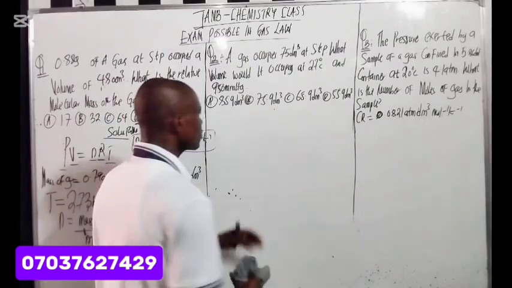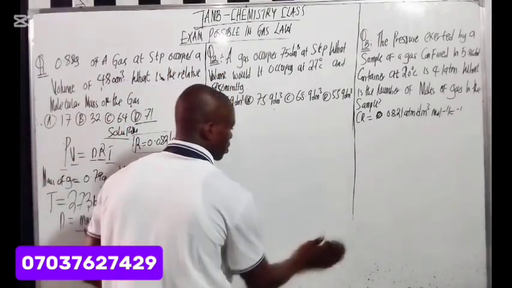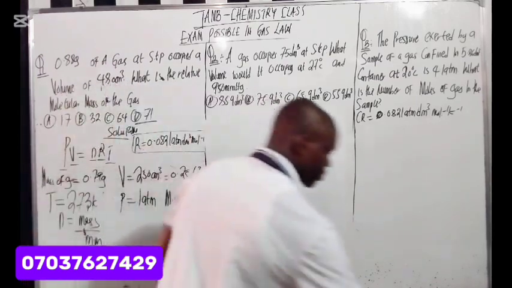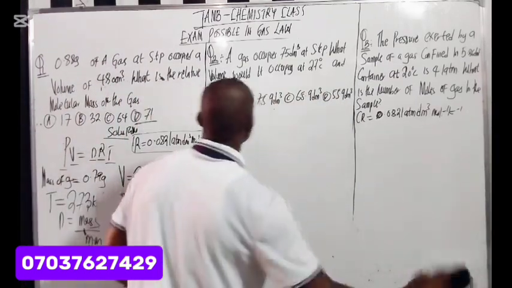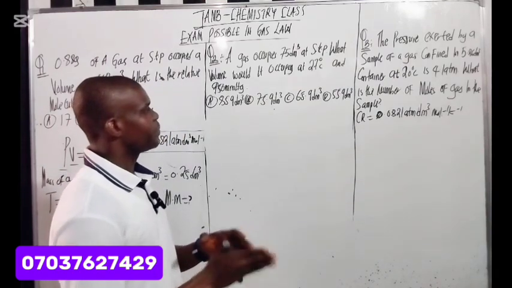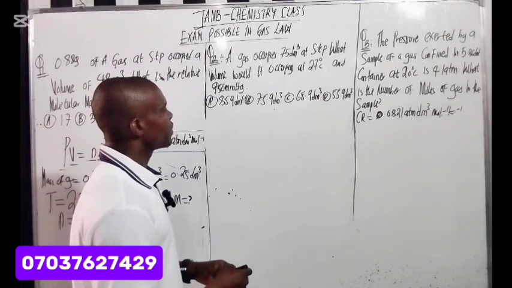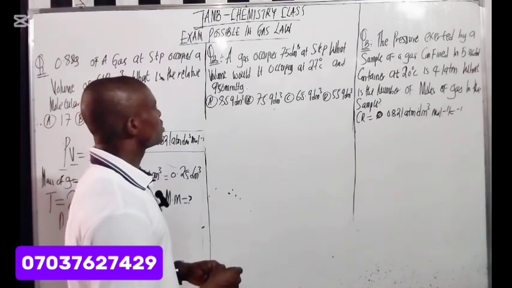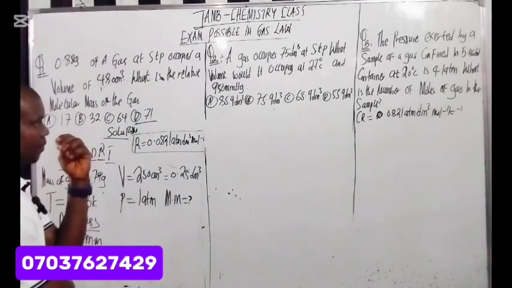So we are done with the first one. Let me look at the second question. If you look at the second question, a gas occupies 750 dm cube at STP. What volume does it occupy at 27 degrees and 950 mm of mercury?